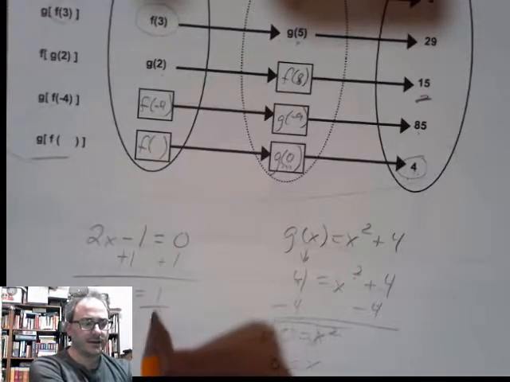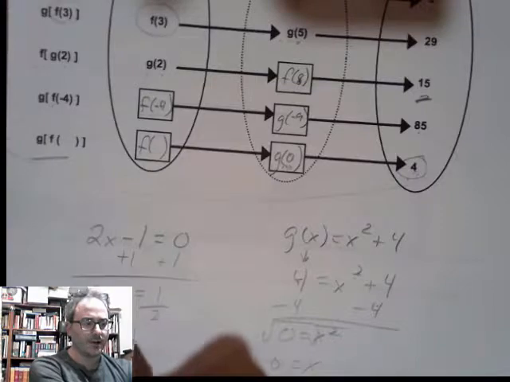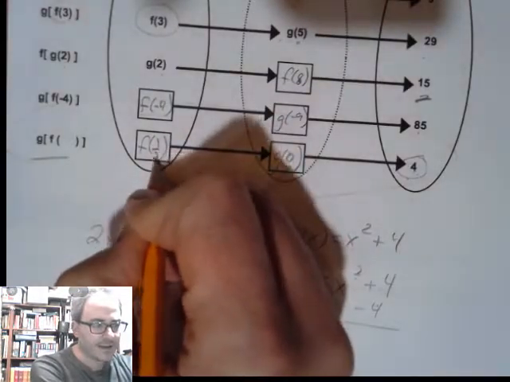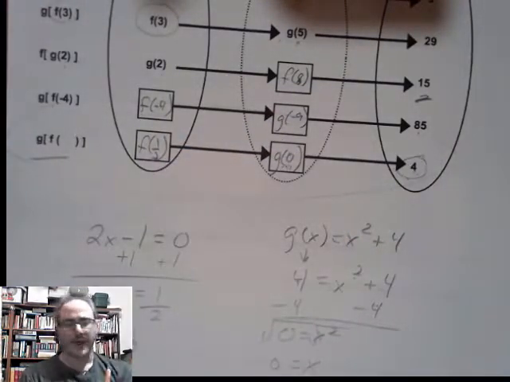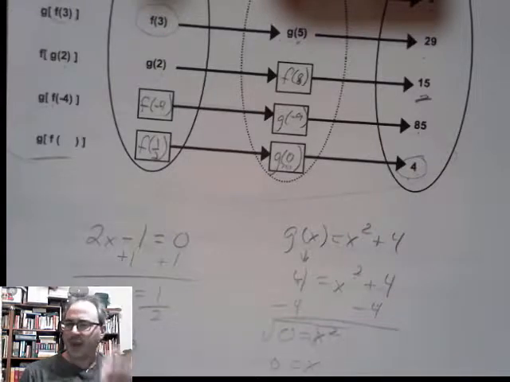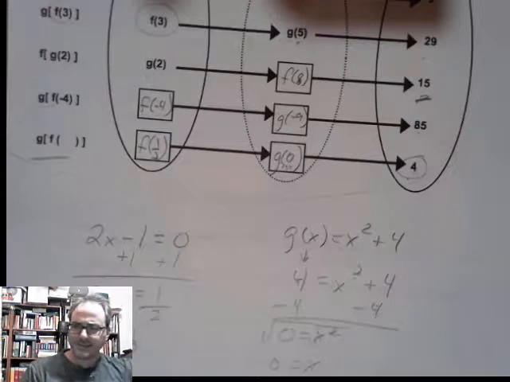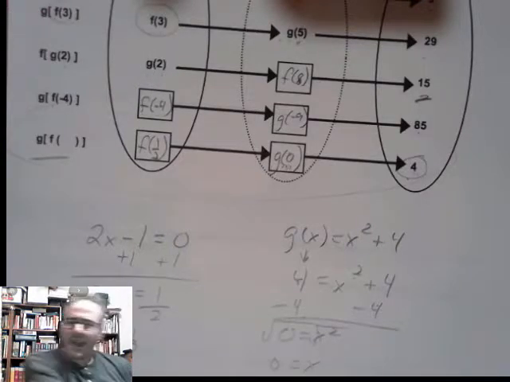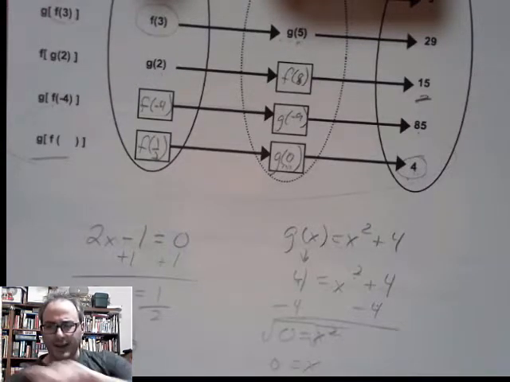I would have to divide by 2, so x equals 1/2. 1/2 is the number that got put into the f of x that spit out 0. The 0 then got put into the g of x, which spit out 4. And we have just reverse engineered all that.